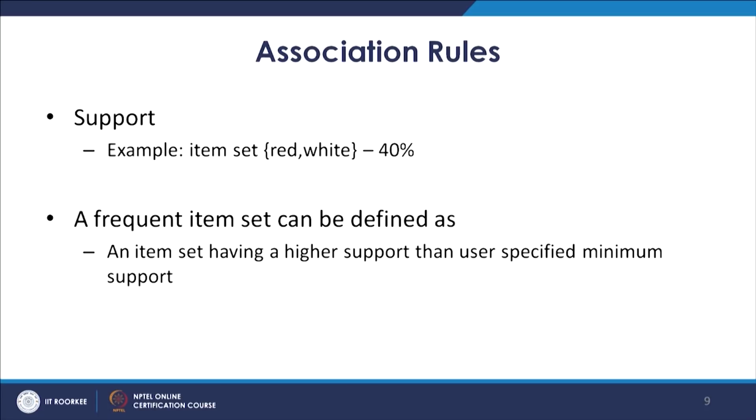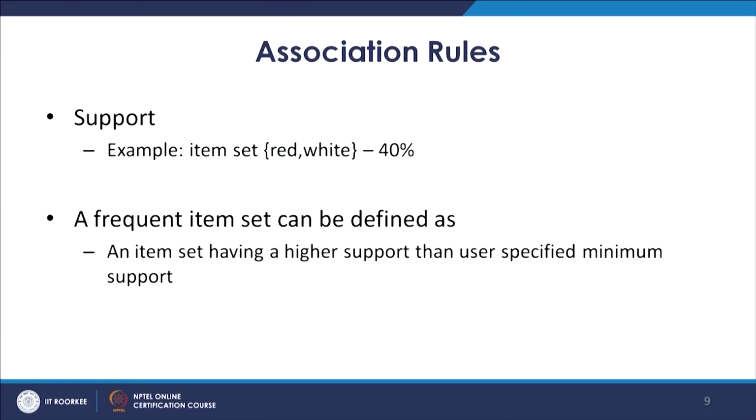Now, once we have computed the support of a rule, we go back to our previous question: how do we define a frequent item set? Once we are able to compute the support, a frequent item set can be defined as an item set having a higher support than the user specified minimum support.